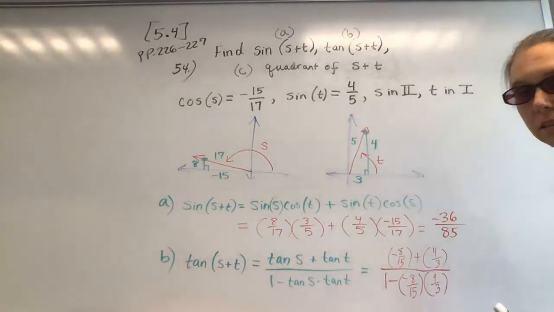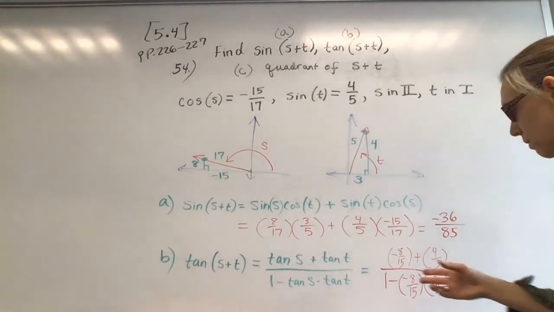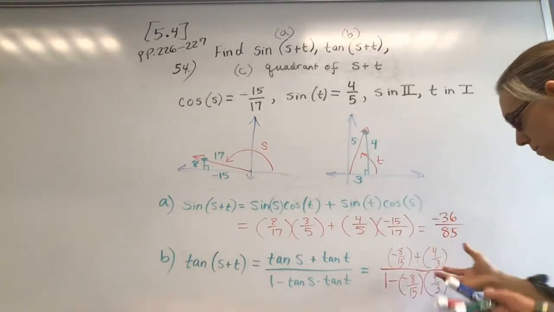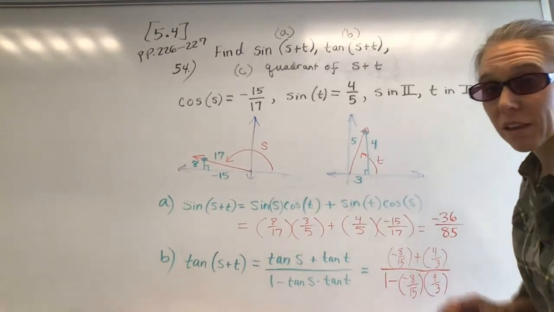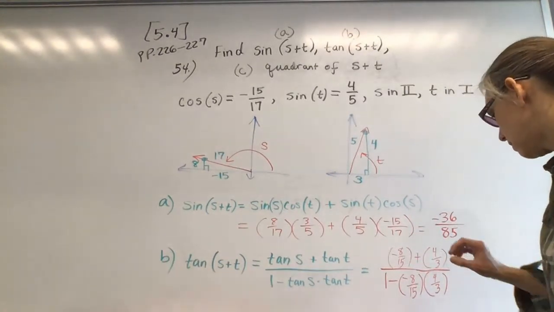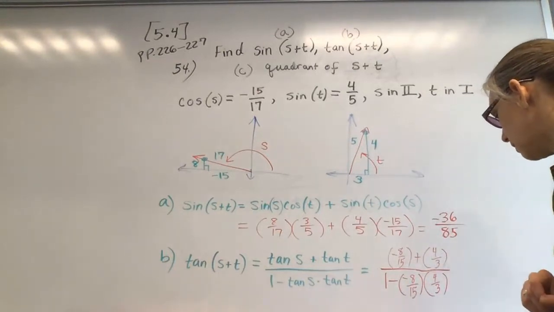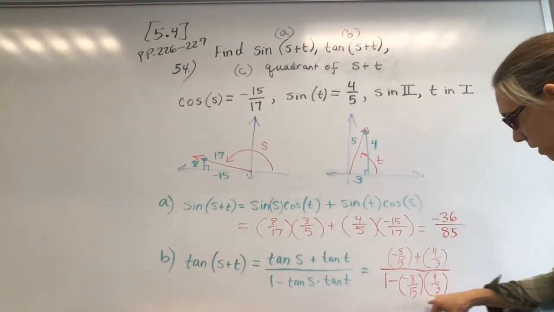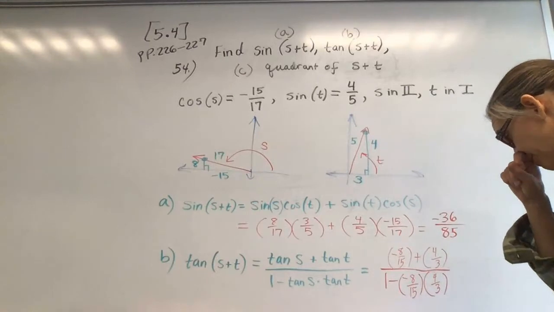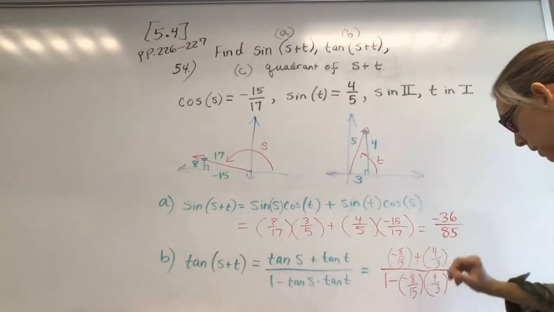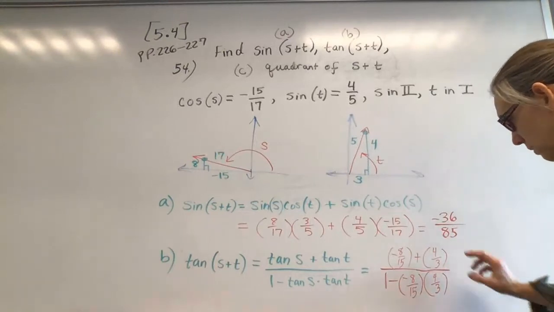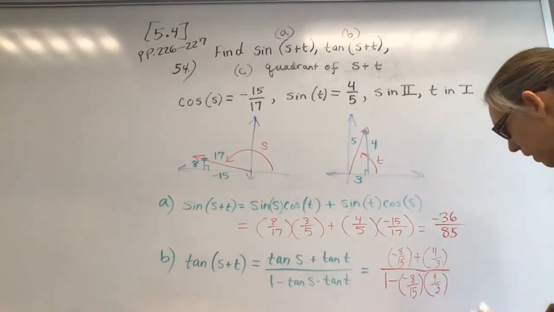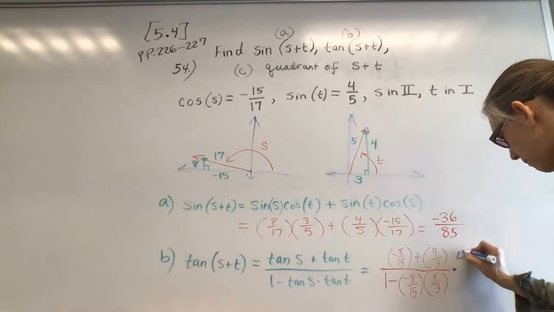And the least common multiple of 15 and 3 is 15. But over here I have another value, 45. So I have 15, 3, and 45. So really the LCD for all of them is 45.